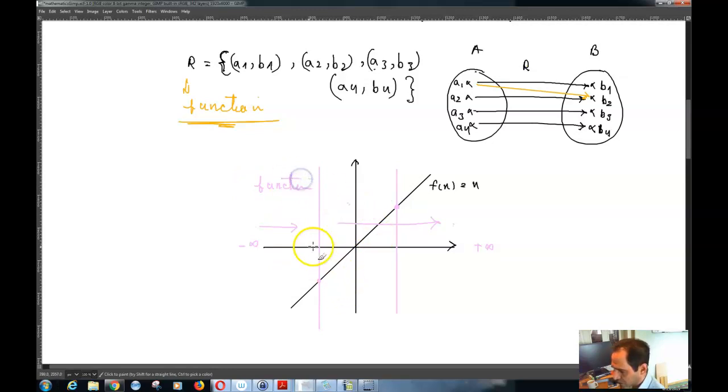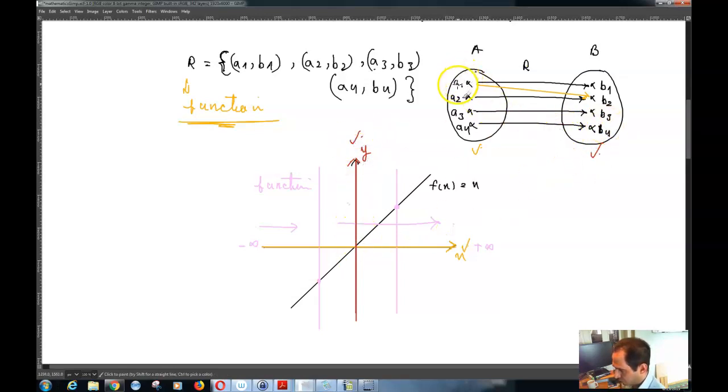And as you can see here, this whole set over here is nothing but this set over here. And this set over here is nothing but this set over here.